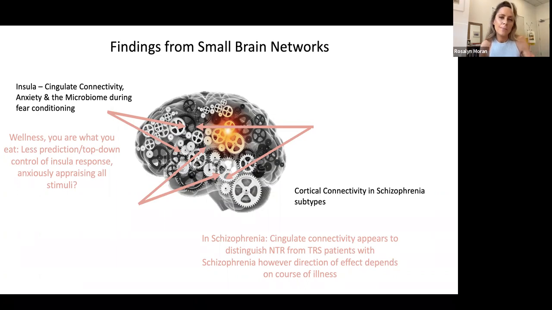And again, perhaps reminiscent of what Rick showed in those analysis around the IFG, but here in the cingulate cortex, that was a key feature of the distinguishing of patient subtypes in terms of treatment resistance and treatment responsive, but also that actually the sign of the connectivity flipped from the early to the late, but unfortunately we were going from high E to low E, so not exactly as Rick outlined, but similar.